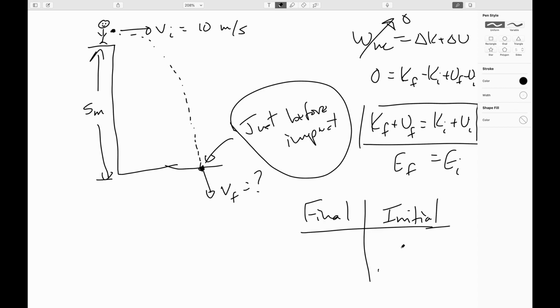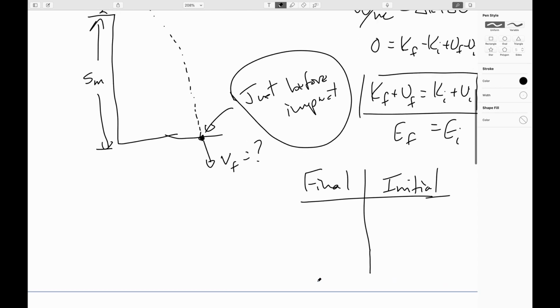And you'll notice that we will write expressions for what we have at the beginning and at the end. Well, for this problem, I can only think of kinetic energy and gravitational potential energy. Now, there may be more than one form of potential energy in a problem, so it's good to get in the habit of itemizing them out. But here we only have gravitational potential energy.